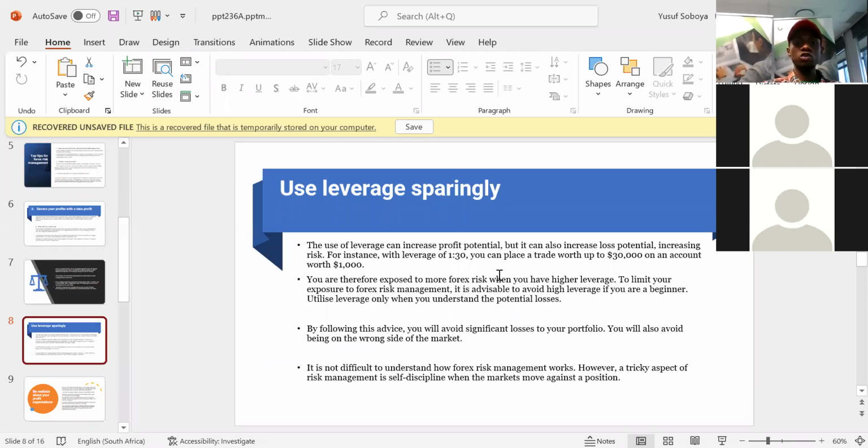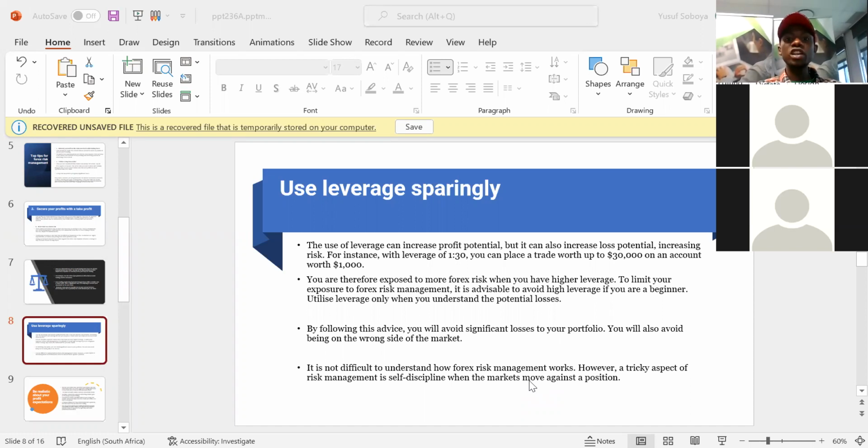The same applies when you put in 100 Rand, multiplied by 1 to 30, it gives you 3,000 that you can place trades with in your account, right? I hope you are understanding me, and you are therefore exposed to more Forex risk when you have a higher leverage. To limit your exposure to Forex risk, it is advisable to avoid higher leverage if you are a beginner.